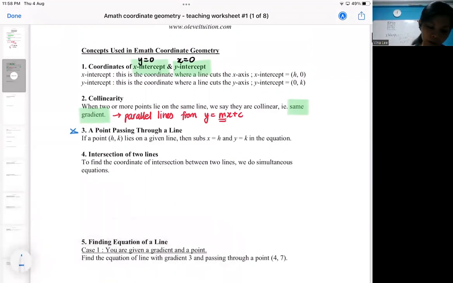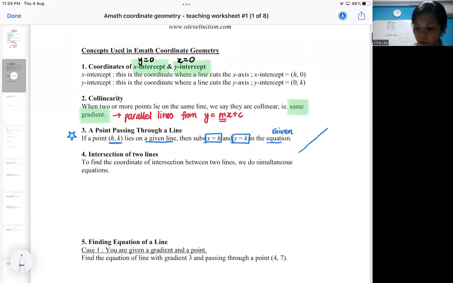Okay, another property that we will always have is the substitution of a coordinate. A lot of people will have a mind block or they wouldn't think of it. If a coordinate is on an equation, you can simply substitute the x and the y into the equation.